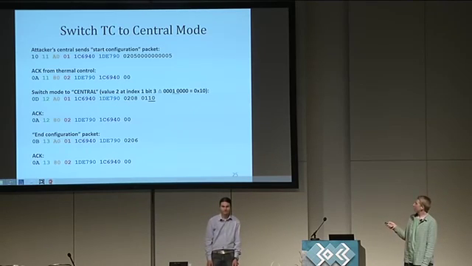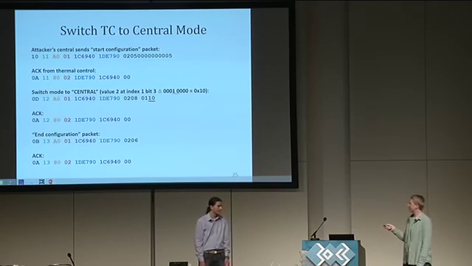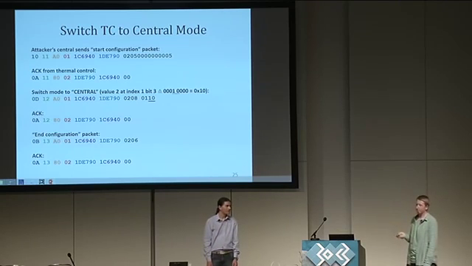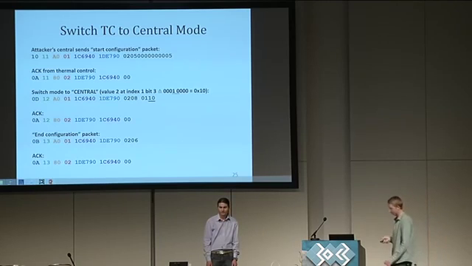Setting configuration parameter starts with a start configuration packet and ends with an end configuration packet. And in between is the packet to actually set the configuration parameter, which is encoded here in the last byte. A lot of information for 1 byte. And in between are acknowledged packets so that HomeGear knows that the packets were really received.